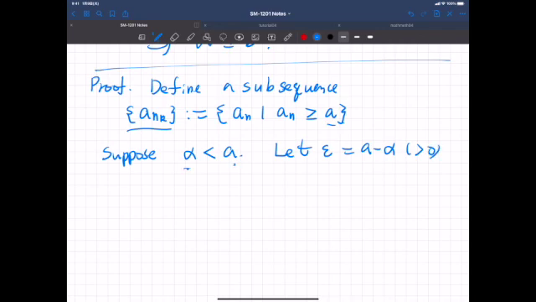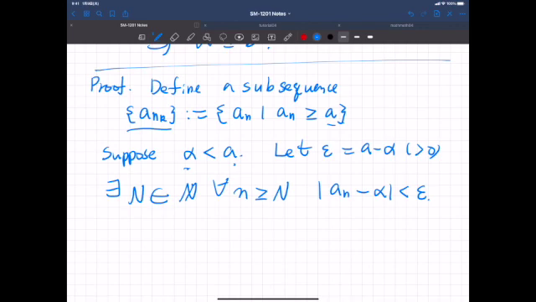Then there is a natural number N such that for all natural numbers greater than or equal to this capital N, we have |an minus alpha| less than epsilon. So this means an is less than alpha plus epsilon, but the definition of epsilon was a minus alpha, so this is equal to a.